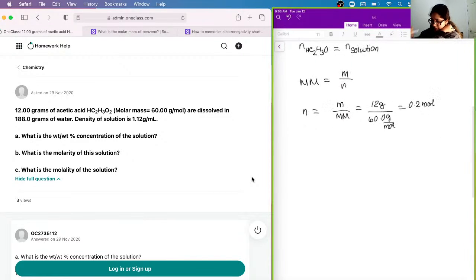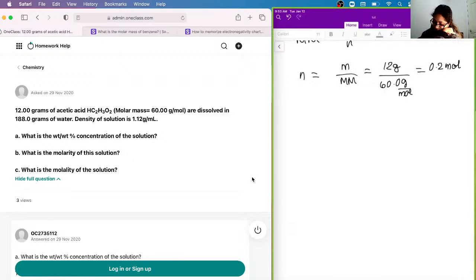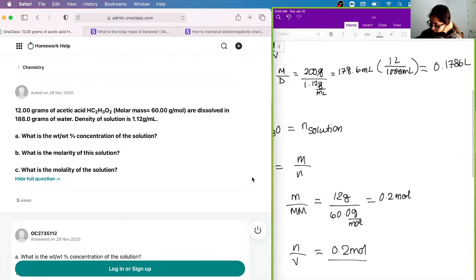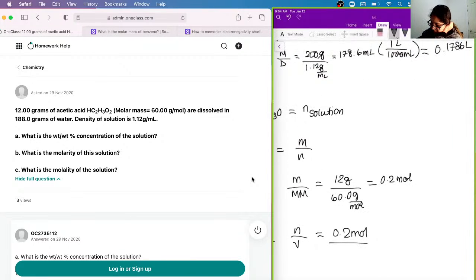Now, since we found our moles, we can now find molarity. The formula for molarity is n over V, so your moles over your volume, and so we can just plug this in. 0.2 moles over volume, which was 0.1786 liters.